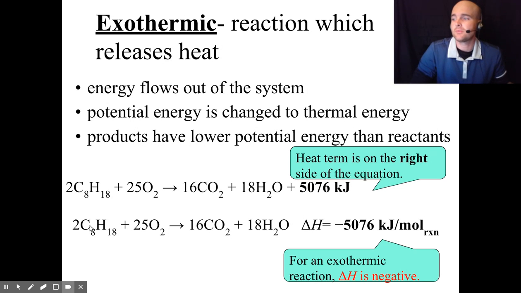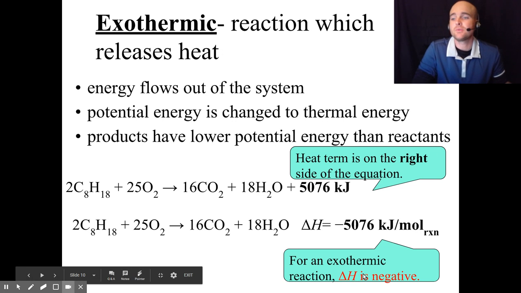Or we can write the normal equation here, and we can write delta H equals negative 5,076 kilojoules per mole. This is what's called the enthalpy. Delta H means enthalpy, and we'll get to that definition in a second.